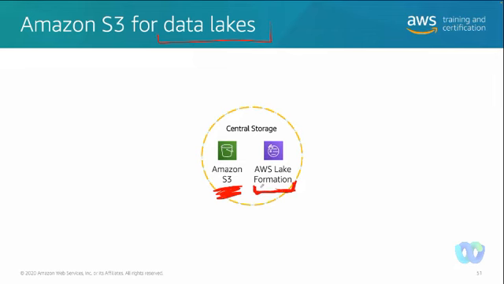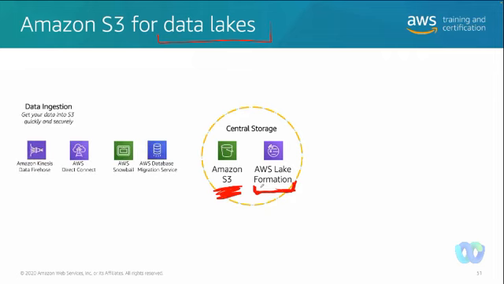Once you've created your data lake, then it's time to ingest the data. And to ingest the data, there are several services available. That data could come from a database, either on AWS Cloud or on premises. And for that, we could use the Database Migration Service to grab the data and then store it into S3. Or if the data is coming from an application that runs, data that is analyzed on the fly, well, we could use Kinesis for that.